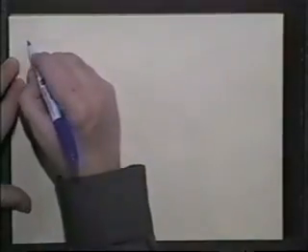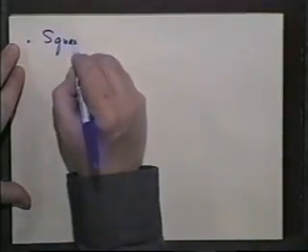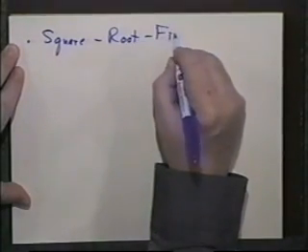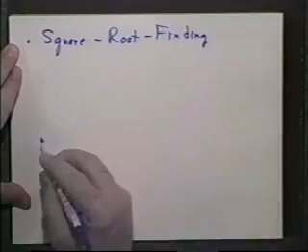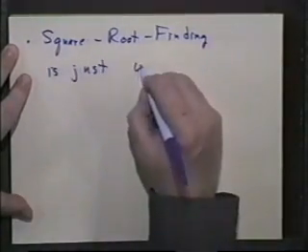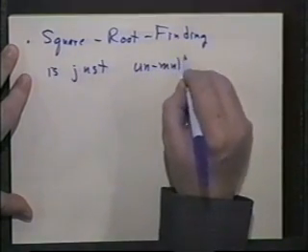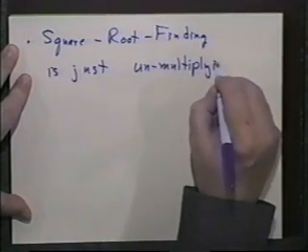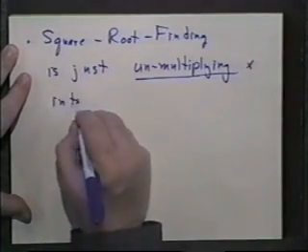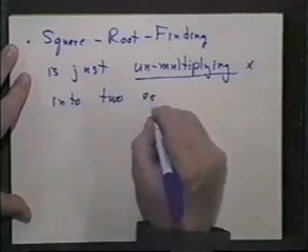But let me say the following. Square root finding. How's that for a phrase? Square root finding is just, here's another way to think about it, unmultiplying x into 2 equal factors.